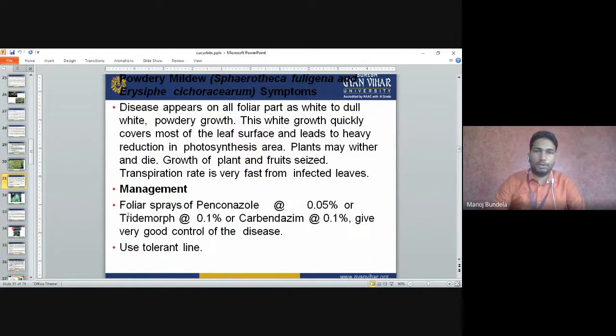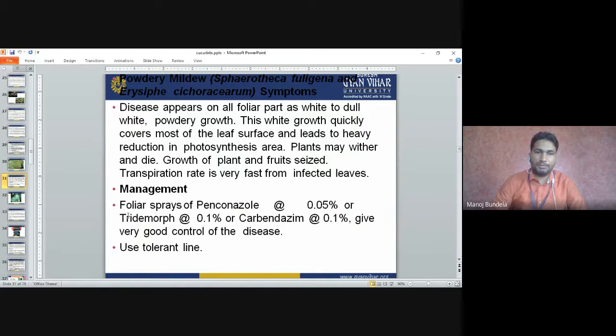Next is powdery mildew. The disease appears on all foliar parts as white to dull white powdery growth. This white growth quickly covers most of the leaf surface and leads to a heavy reduction in the photosynthetic area. Plants may wither and die, and the growth of the plants and fruit size are affected. The transpiration rate is very fast from the infected leaves.